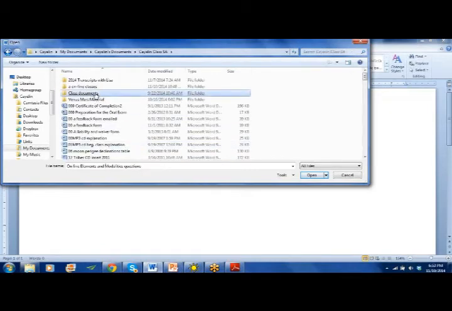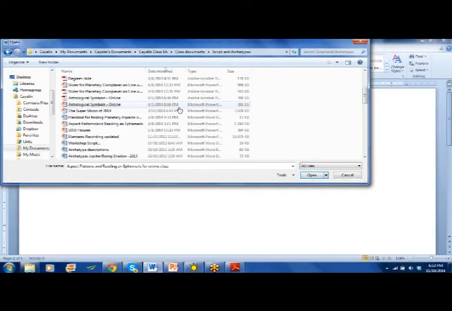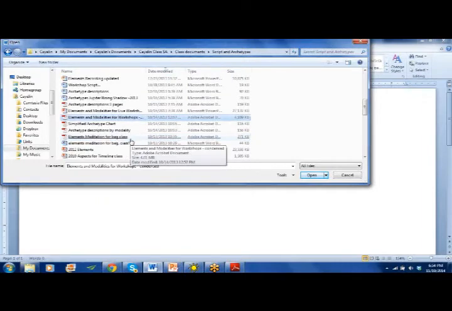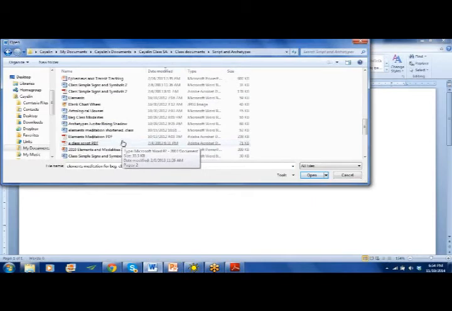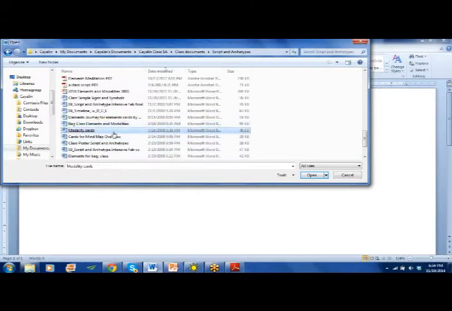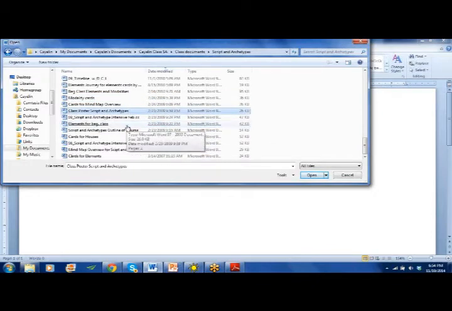Okay, maybe I can just find one. Elements and modalities. It's probably Elements that go down a little further. Oh, I have cards for the modalities. Nope, that's not what I want. Let's look at the cards.